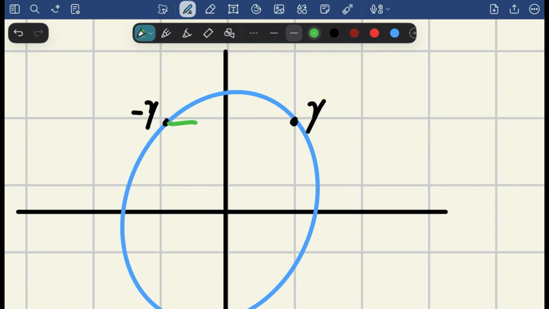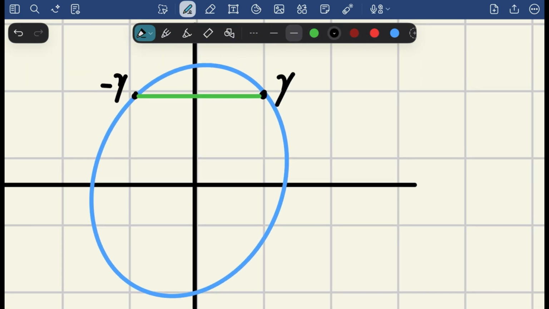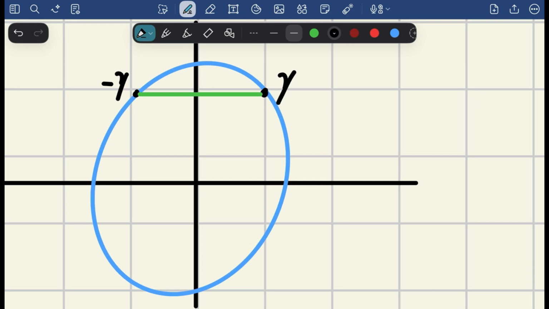And because of the circle's symmetric property, we can do that for every single quadrant of the circle. So again, we want to maximize the area between here and there. Again, this thing here is also a distance of 2 gamma, and then we keep doing it for this as well.